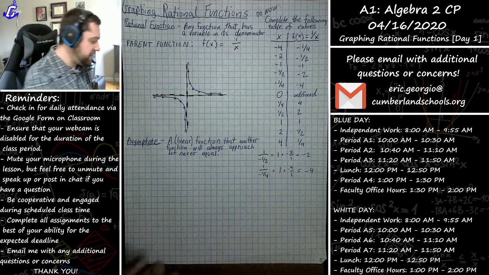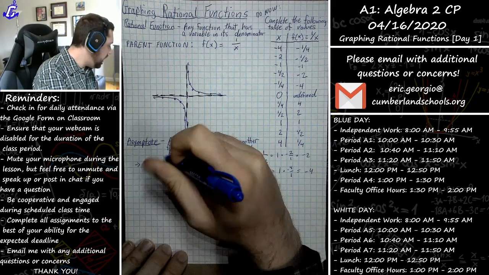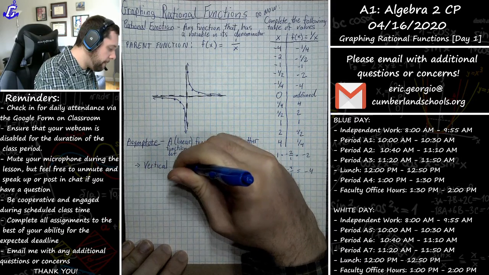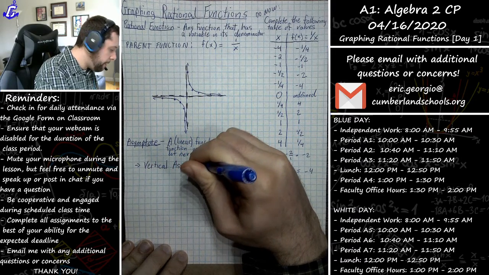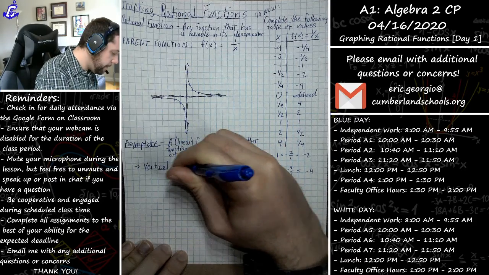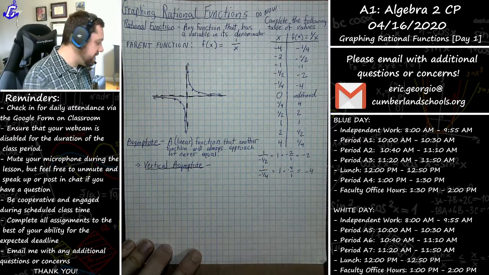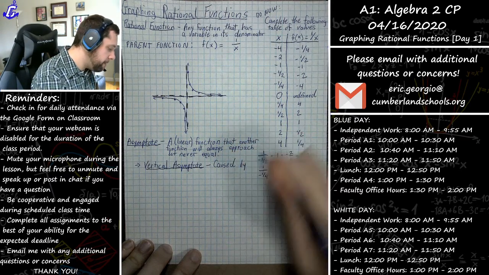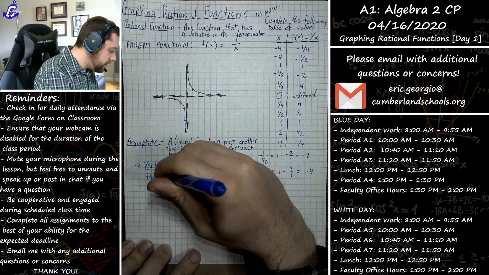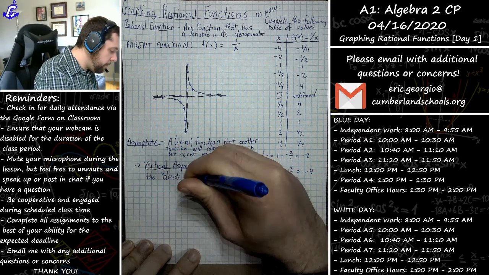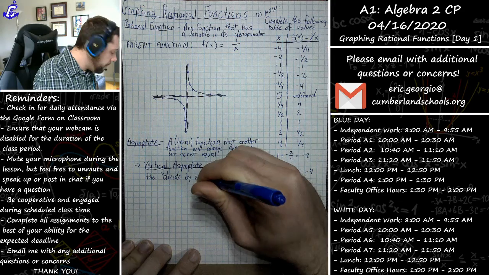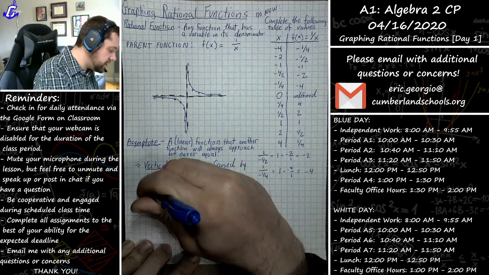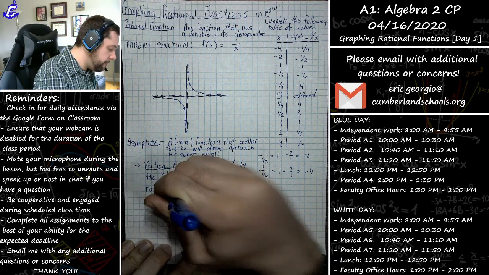Now, there are two types of asymptotes, as you might have guessed by the graph. We have something that's called a vertical asymptote. And a vertical asymptote is caused by the divide by 0 case in a rational function.